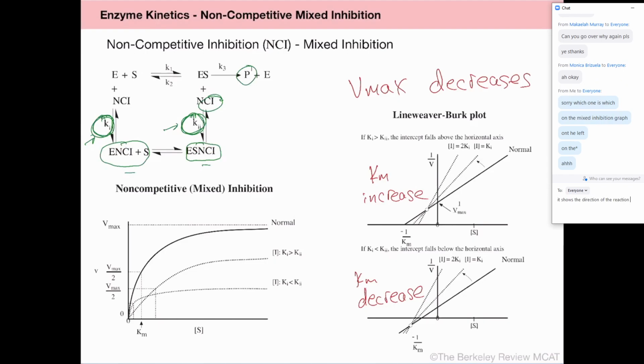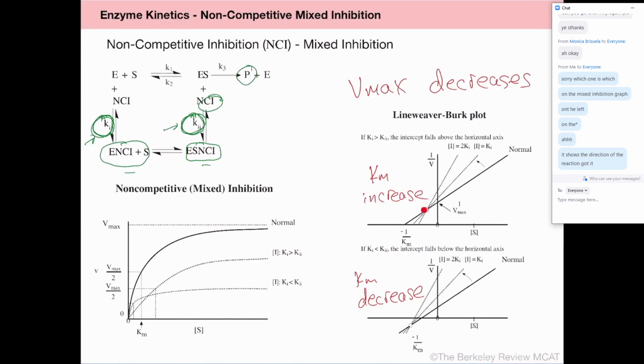Based on that preference, it's going to adjust what the Km actually does, right? And so if this one is stronger, then the Km is going to decrease because it means that the enzyme substrate is going to have a stronger affinity. They're going to bind tighter. Okay, and remember, Km decreasing equals binding tighter.